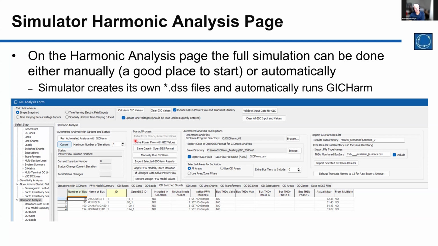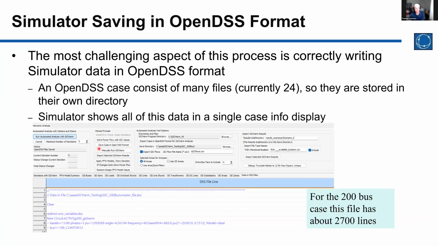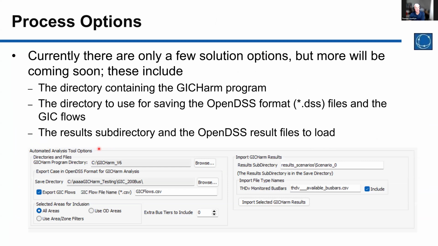So hopefully you don't have high enough harmonics so nothing switches out. So you go through one iteration, but if not, it will automatically do this for you and continue until either it hits a maximum iteration or the power flow does not solve. Which, with GMDs, that certainly is something that could occur.